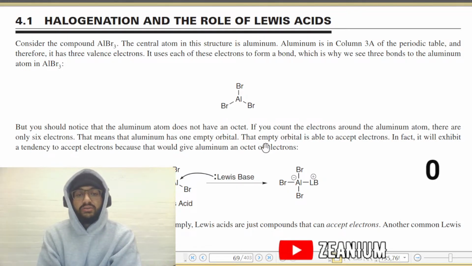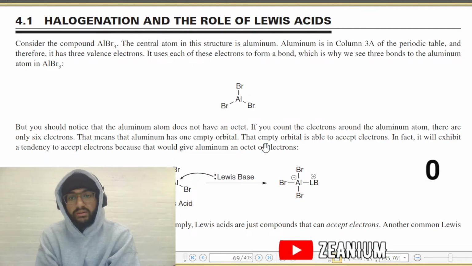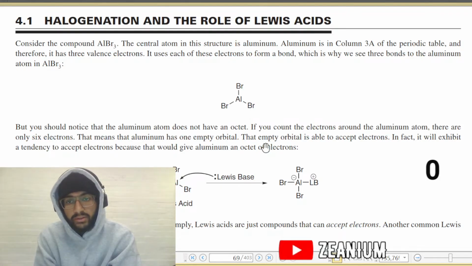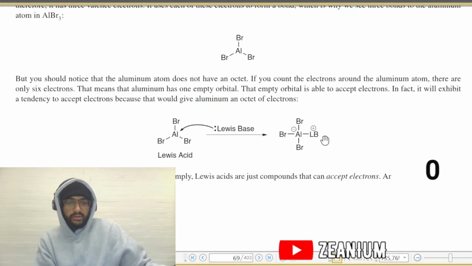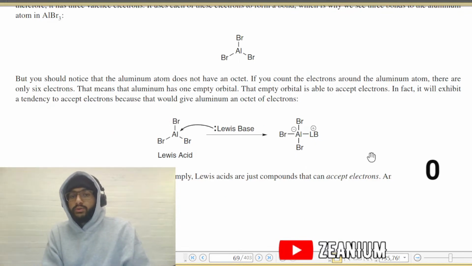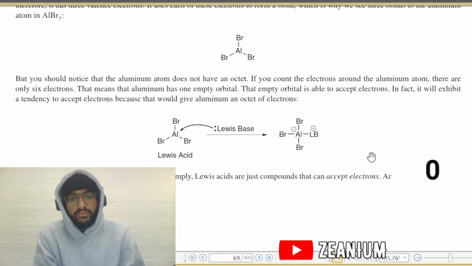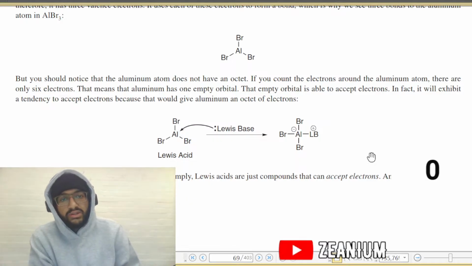It uses each of these electrons to form a bond, which is why we see 3 bonds to the aluminum atom in AlBr3. So this is how the Lewis structure of AlBr3 looks. But you should notice that the aluminum atom does not have an octet. If you count the electrons around the aluminum atom, there are only 6 electrons. That means the aluminum has one empty orbital.